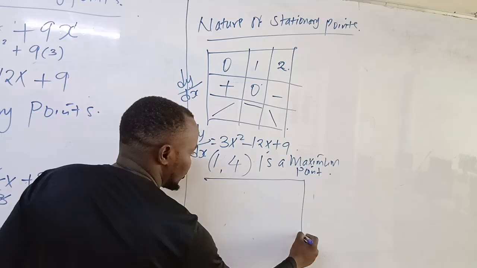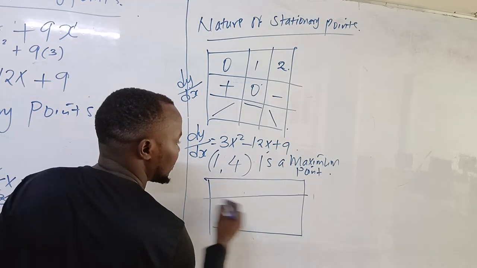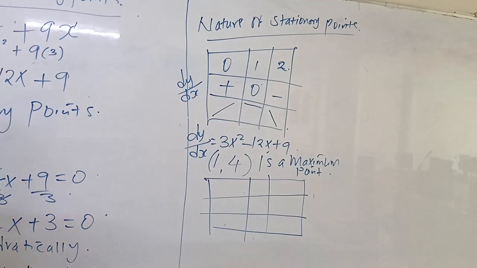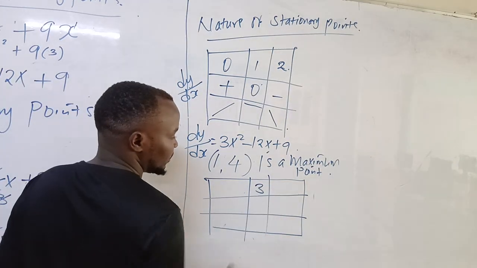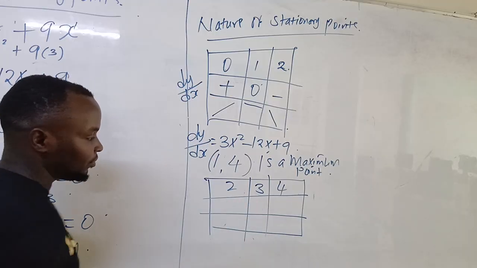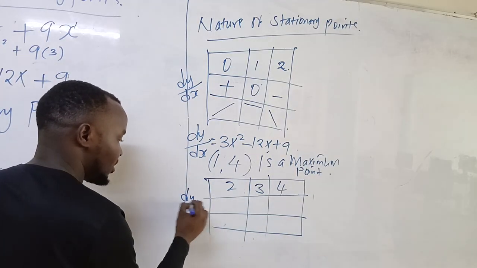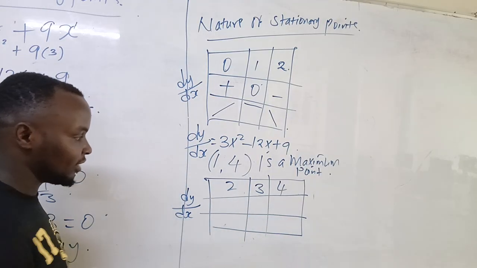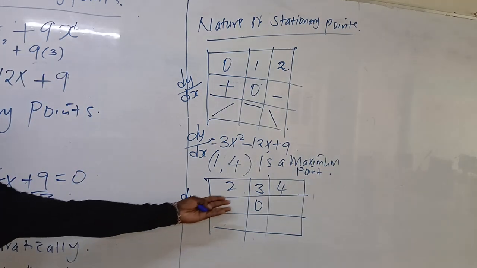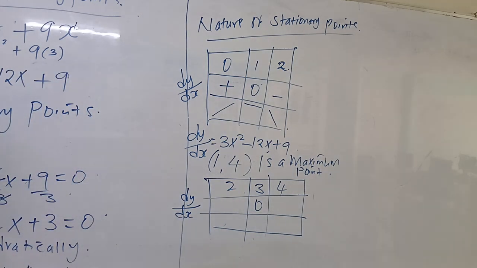The other point we also tested. We have 3. The neighborhood of 3 is 4 and 2. At 3, definitely dy over dx is 0, because that is where our point is stationary.